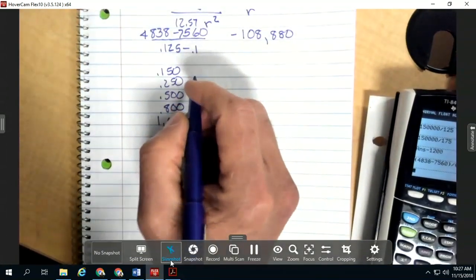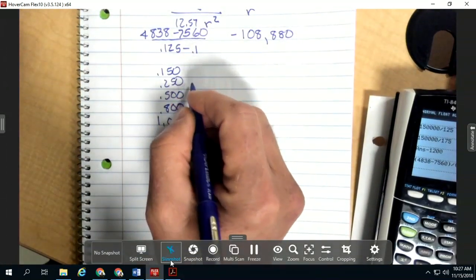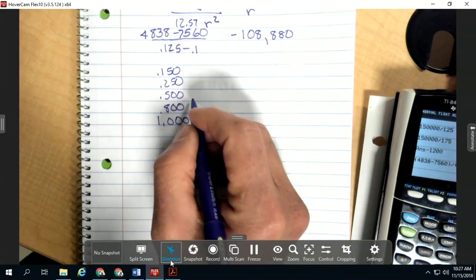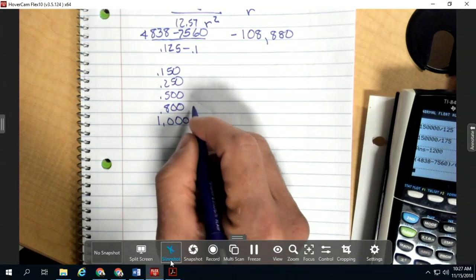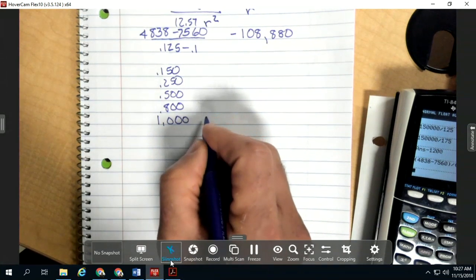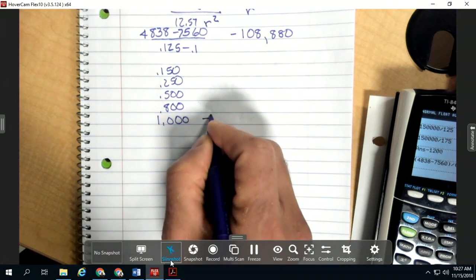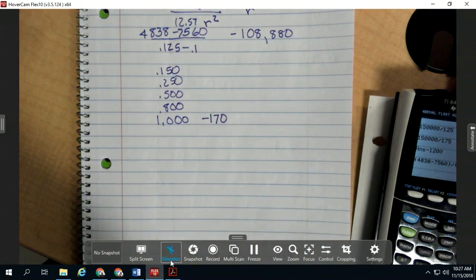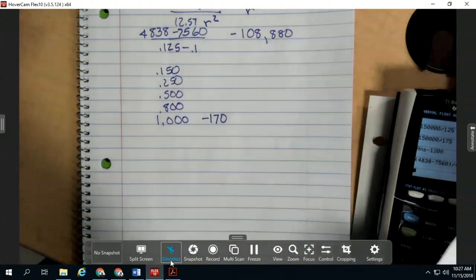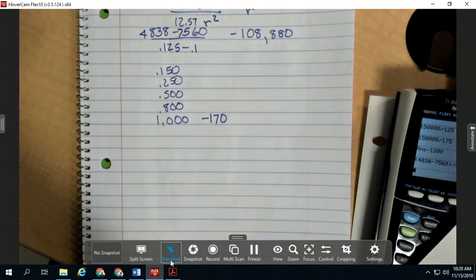0.150, what'd you get? Or 0.250, or anybody. For the last one, I think it's negative. Anybody else?